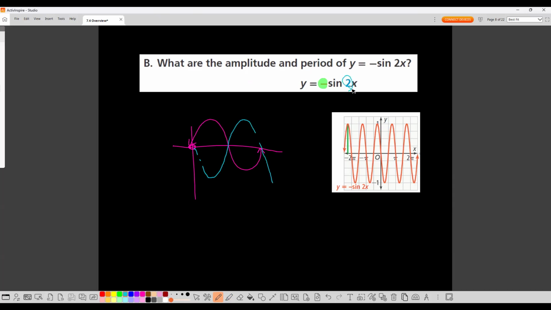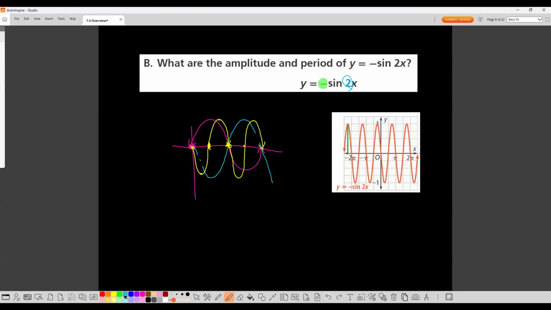The 2 means we've got to complete 2 cycles of the graph where we would have normally completed 1. So if we start here, we've got to finish already. Halfway through, we've got to be at that low point. And then up here, we're halfway over here, this high point, and right in between, we're going to have to cross the midline. So we would complete 1 cycle there and 2 cycles, and that's what it's showing right over here.